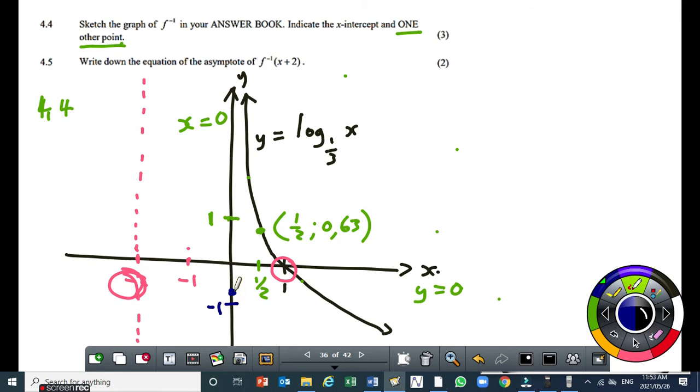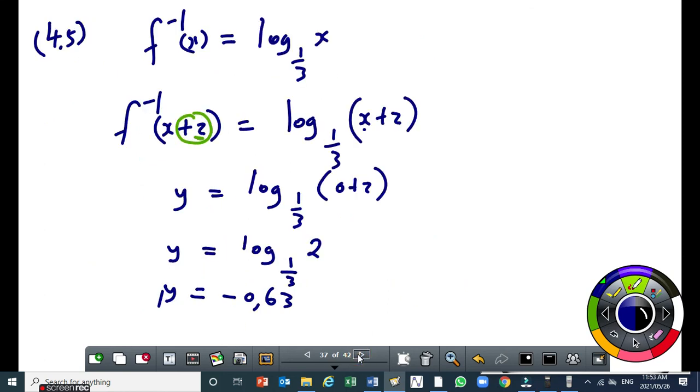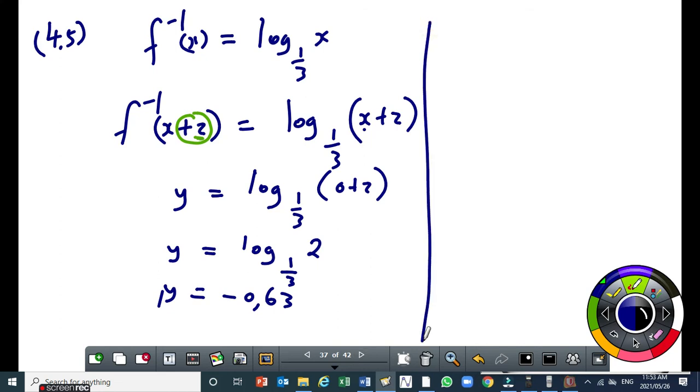Let's find the x-intercept. To find the x-intercept, you put y equal to what? To 0. So, if you put y equal to 0, you get 0 equal to the logarithm base a third of x plus 2. You want to solve for what? For x. Now here you don't need the calculator, right?